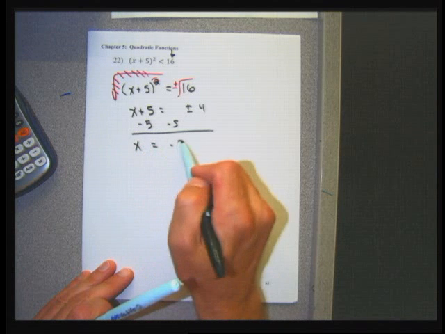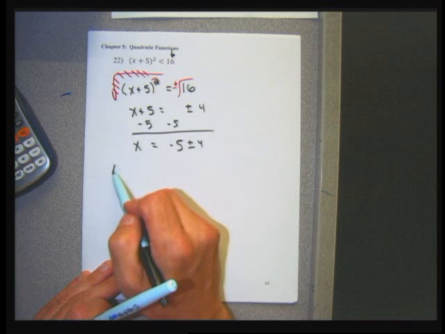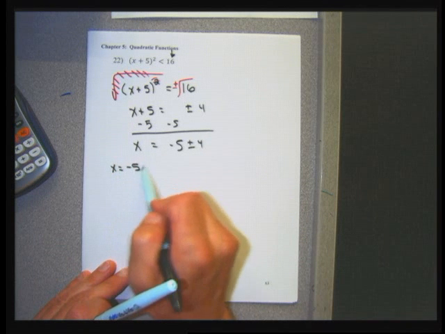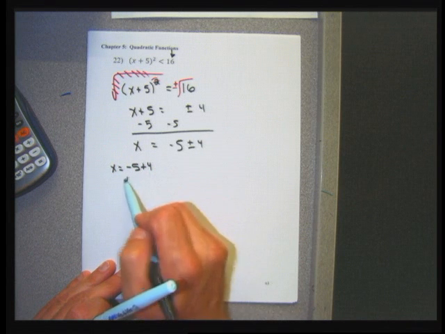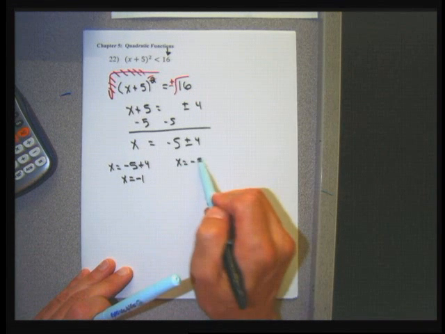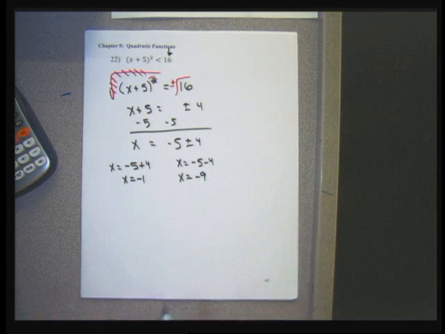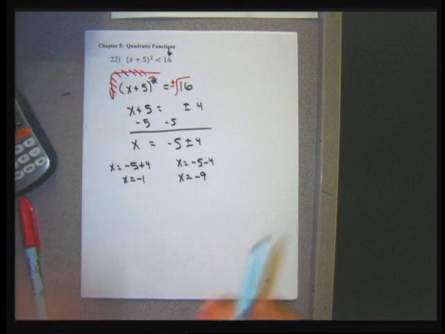This gives me x equals minus 5 plus or minus 4. So x equals minus 5 plus 4, which is minus 1, and x equals minus 5 minus 4, which is minus 9. But this is all from section 5.1, this kind of solving.